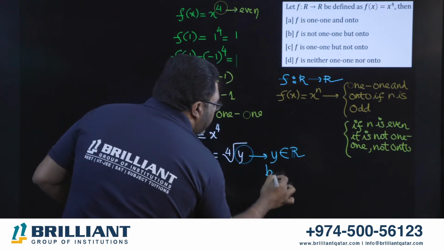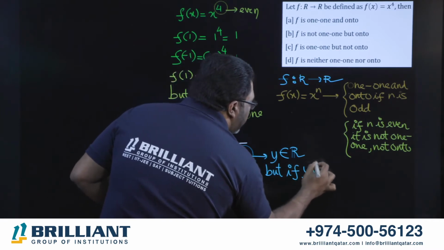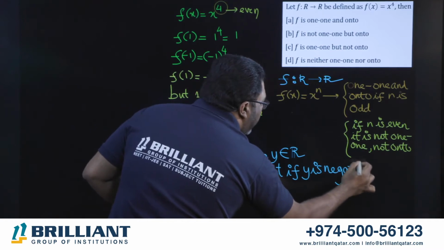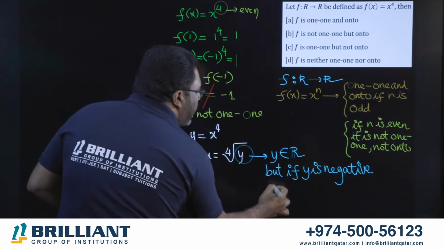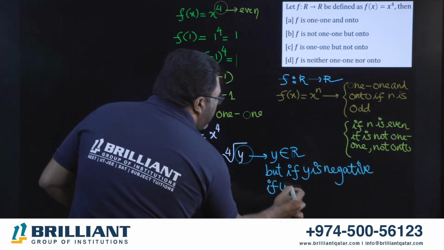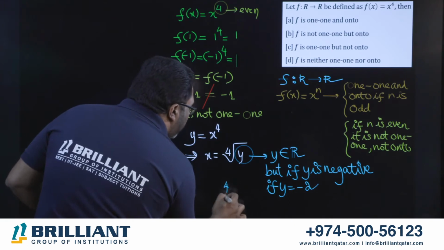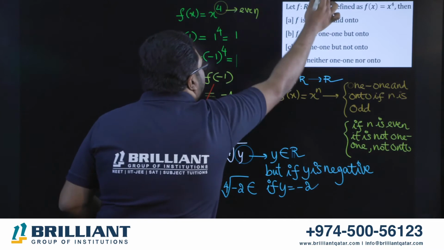But if y is negative, the fourth root of a negative number, for example, if y is equal to negative 2, then the fourth root of negative 2 is not a real number.